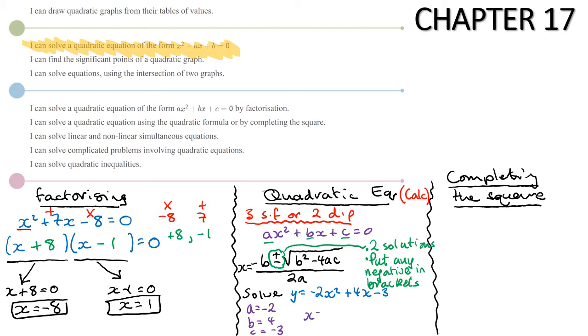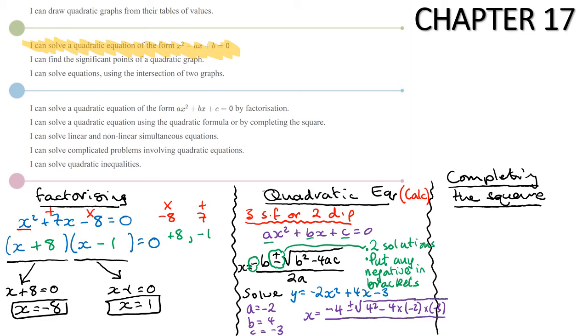So in the quadratic equation I would have negative b, so negative whatever b is, which is 4. Now if b was a negative number, you still keep the negative sign at the front, so this negative sign is always there even if b is a negative number, so you'd have two negatives there which will become positive. Then plus or minus the square root of b squared, so that'd be 4 squared, minus 4 times a, which is negative 2, times c, which is negative 3. So again, can you see all these negative numbers in brackets?